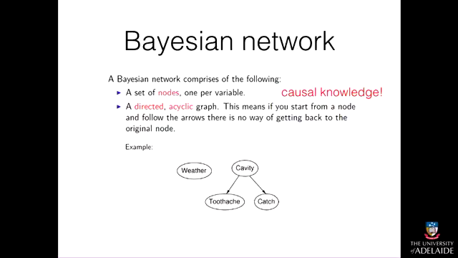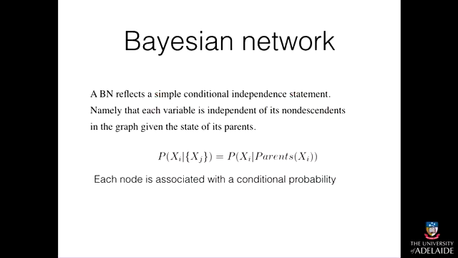So this is the Bayesian network. And the Bayesian network actually reflects a simple conditional independence statement: each variable is independent of its non-descendants in the graph given the state of its parents.